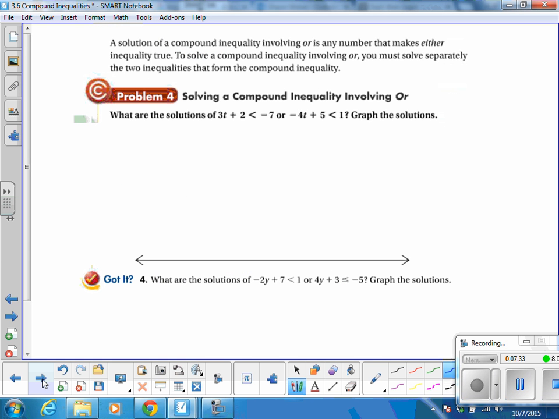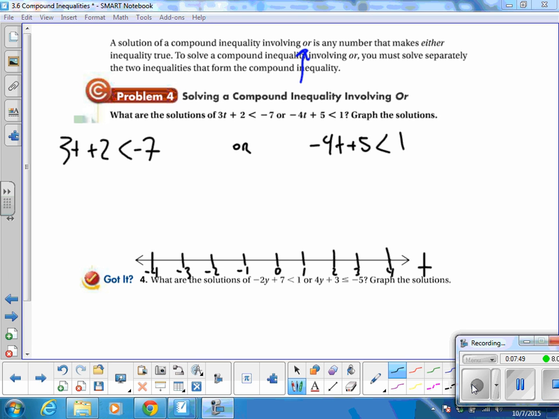For the solution of a compound inequality with an or, we need to make sure that the answer works for this. So let me set up the 2 pieces. I'll set up the 2 inequalities, and I'll be back. All right, I'm going to go ahead and work this out. I'm going to divide both sides by 3, and I see that t is less than -3.